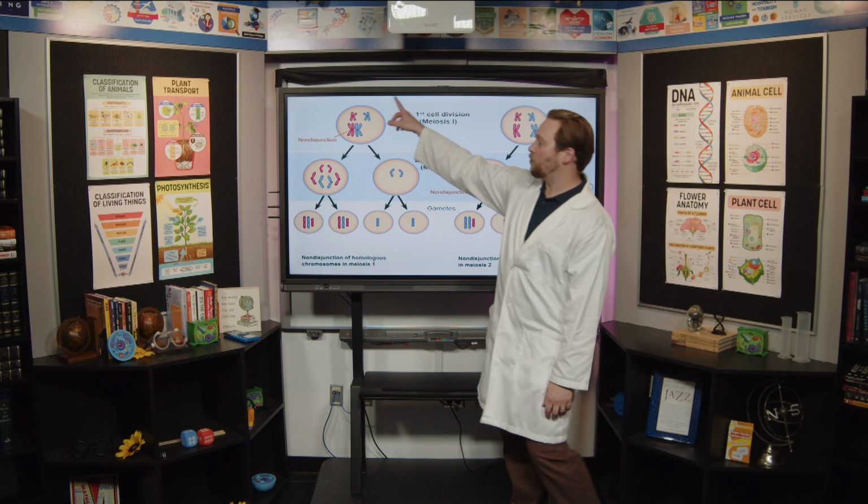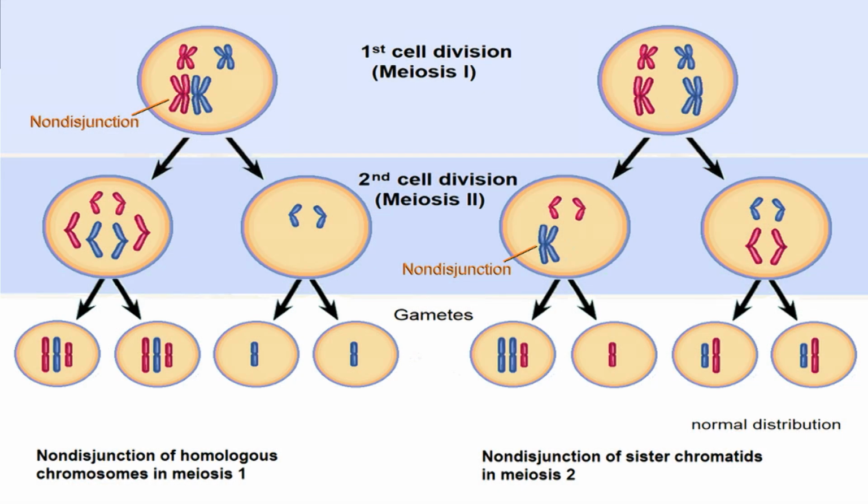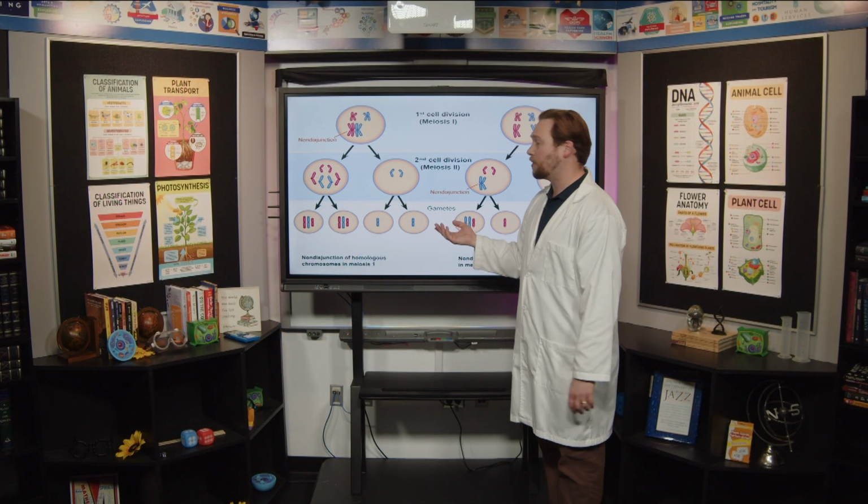So let's look at what's happening over here on the left. We've got this cell that's trying to divide. This nondisjunction happens, and if you compare the second cell division down here, that middle row, you can see that the cells are not the same anymore. On the left, there are six chromosomes, right? Four pink and two blue, and on the right, there are only two.